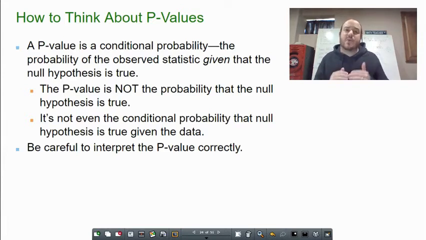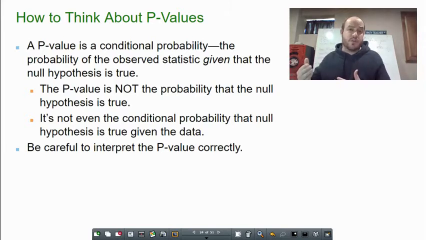Now, I don't want us to forget exactly what our p-value is. This is not the probability that our null hypothesis is true. That's usually given to us in the question. We're not finding that. The p-value is when we go out and take a sample and try to find the probability that that sample would have occurred knowing what the true proportion was in the null hypothesis.